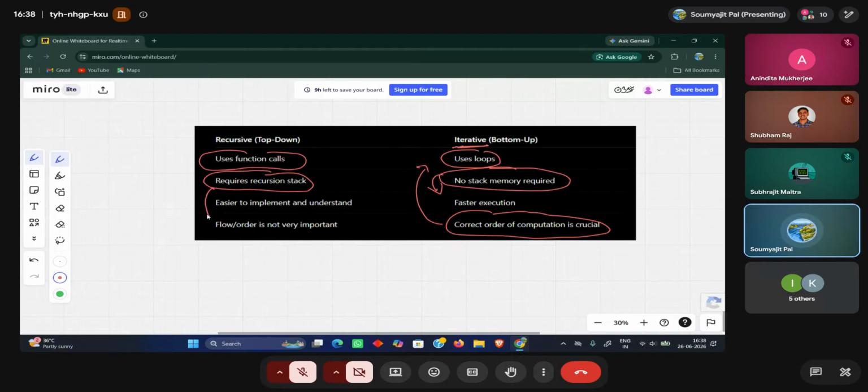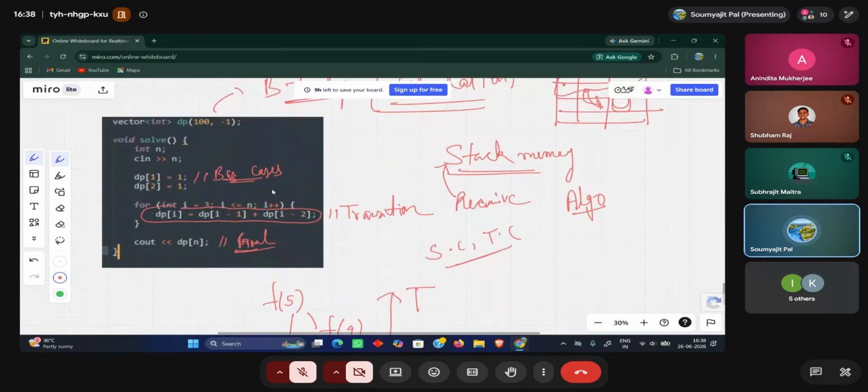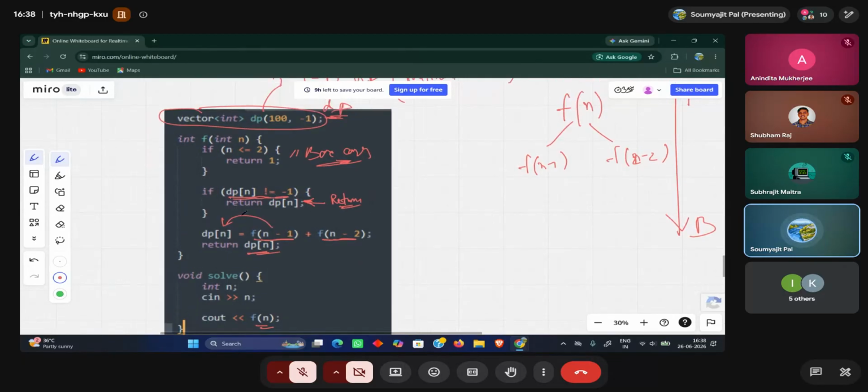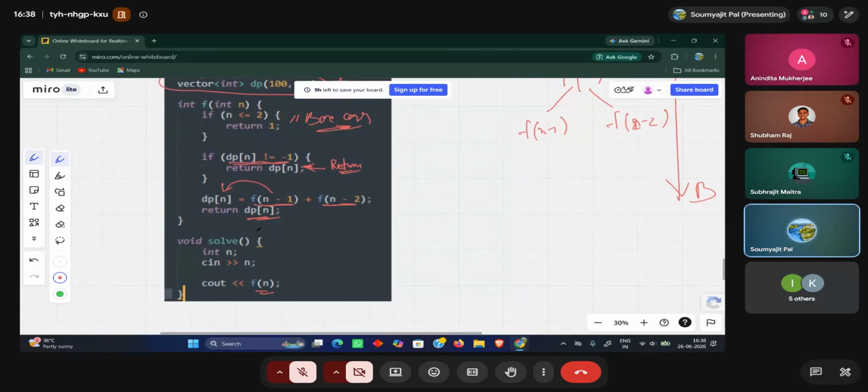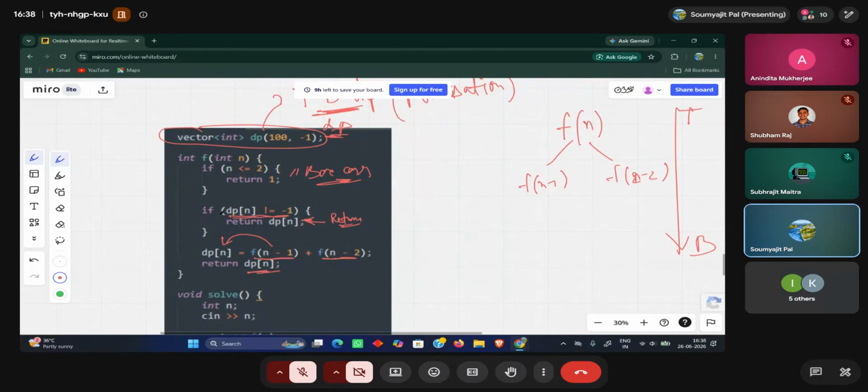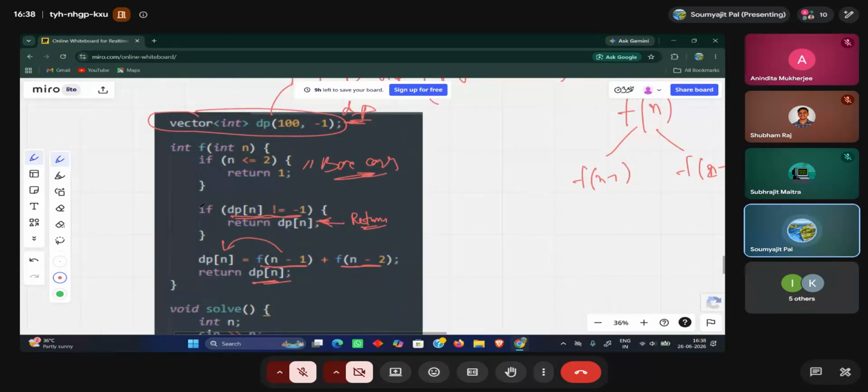Here, flow and order is not so important, because from the biggest sub problem we are calling the recursive things, and if it has been computed, we're returning the answer.